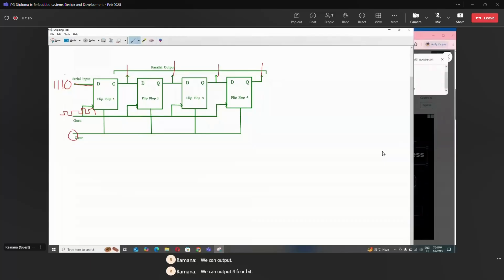See, the first clock pulse. Initially here everything will be 0, initially it will be 0 output. So on the first clock pulse you will get 0.